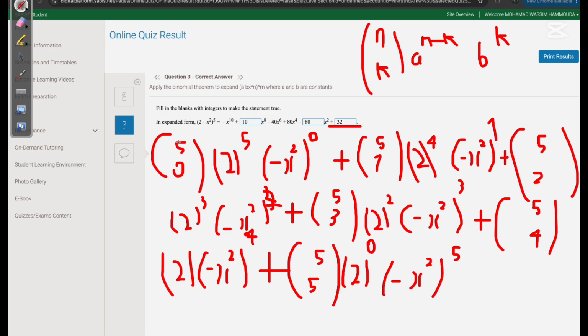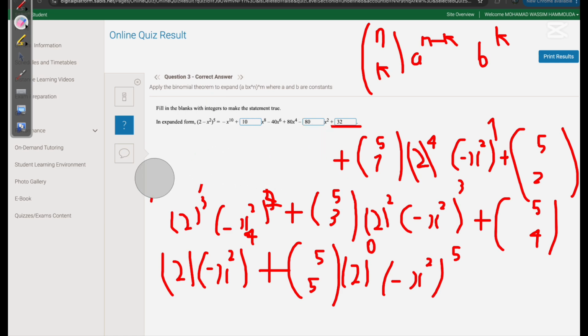So we're gonna start from 5c0 till the end. 5c0, which is 1 times 32, and then this will be cancelled. So we got the first one.